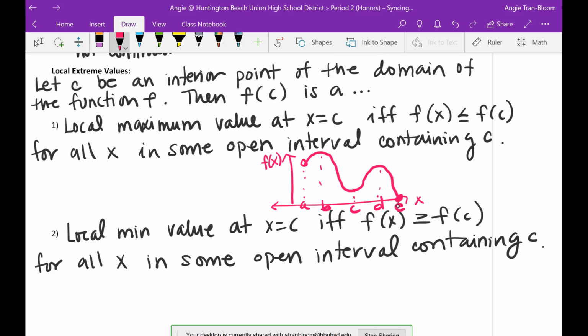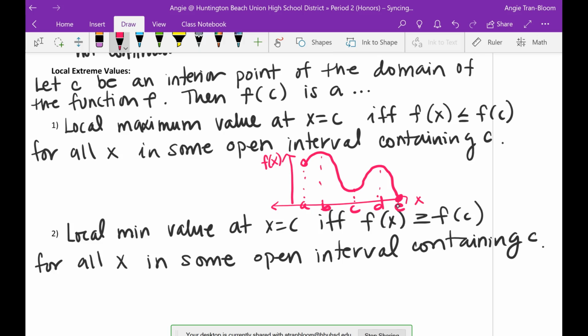Question number 1. Do you have an absolute max? Yes. How many? One. You can only have one of each unless the heights are exactly the same. Since the heights aren't, the absolute max is at B. Do we have an absolute min?